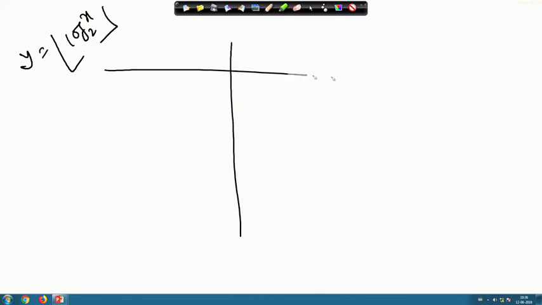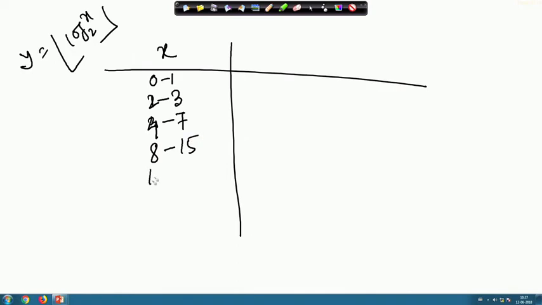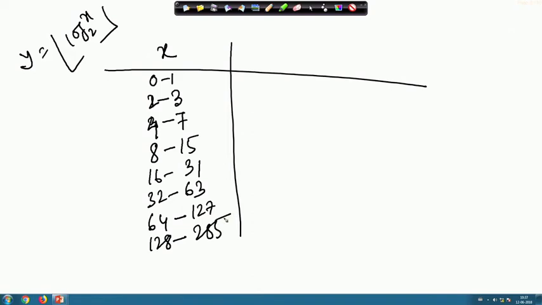If I draw something like this, the range of x will be 0 to 1, then 1 to 3, then 2 to 3, then 4 to 7, then 8 to 15, then 16 to 31, then 32 to 63, then 64 to 127, then 128 to 255. Okay, if I am considering only x of 8 bit.